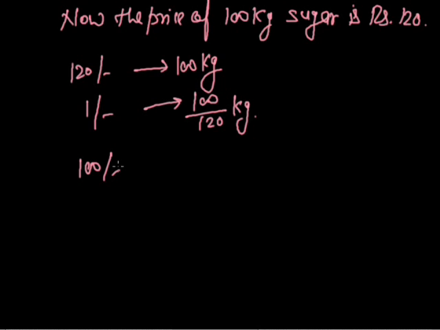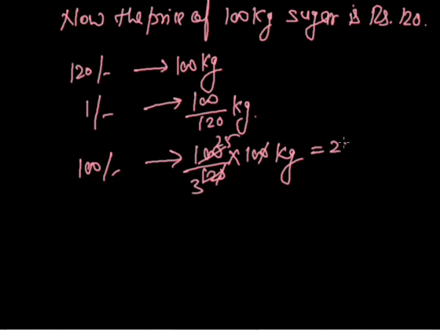I was expending only 100 rupees on sugar, so right now also I have to expend only 100 rupees. So in 100 rupees I can get 100 upon 120 into 100 kg of sugar, that means 250 upon 3 kg of sugar.